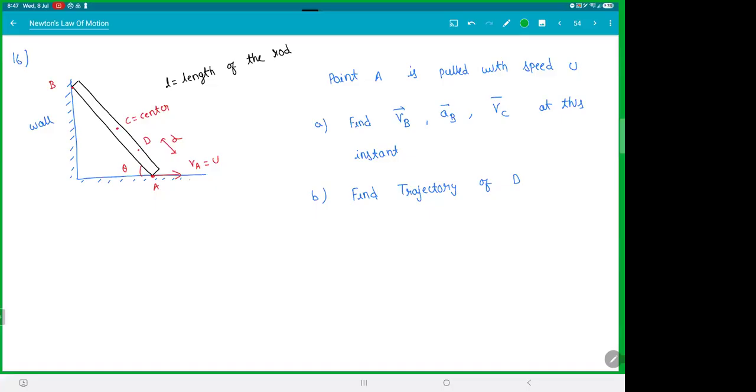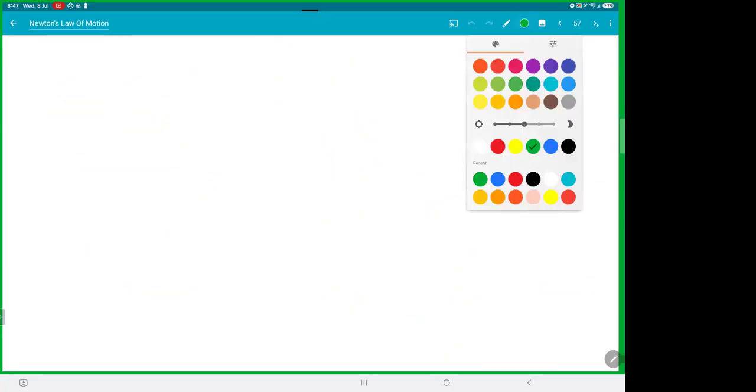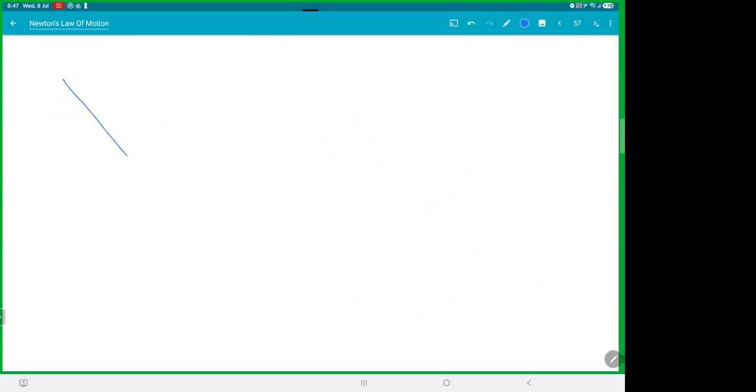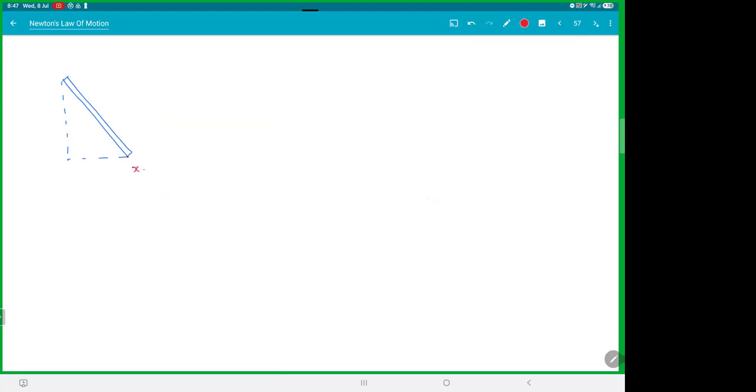Let's see the coordinates. It's all geometry there. We're just playing around with coordinates. Let's say this is L, this is theta. Let me draw a little bigger.